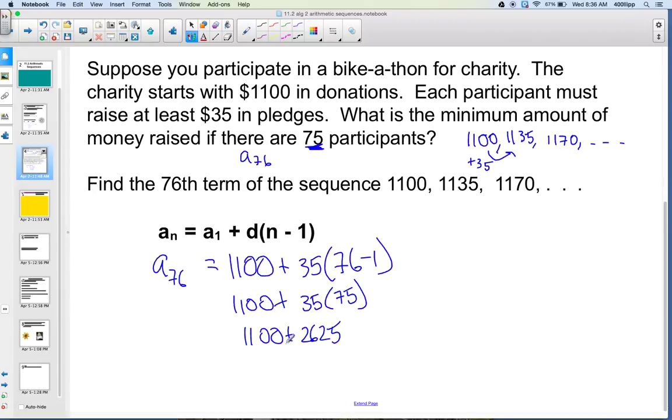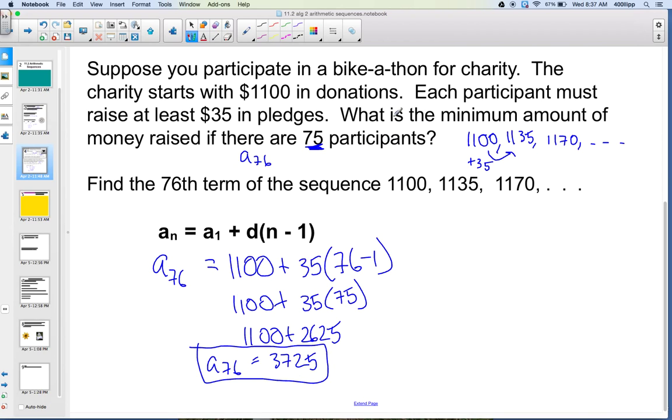We'll add 1100 plus 2625 and get 3725. And that is going to be the minimum amount raised if we have 75 participants.